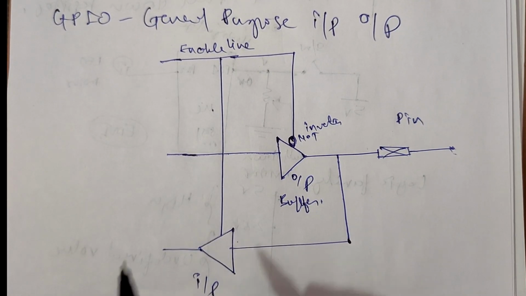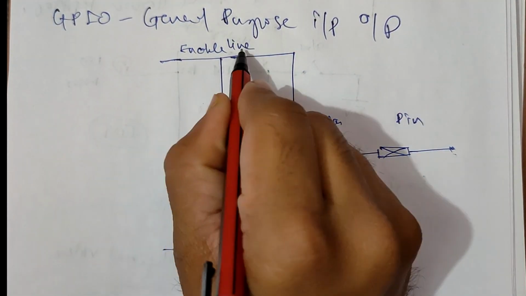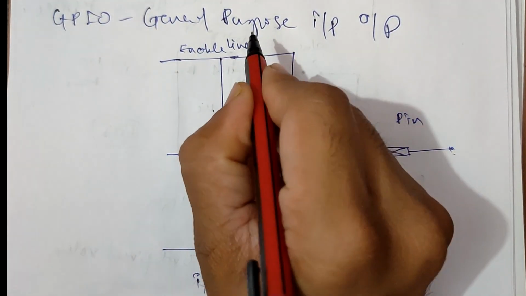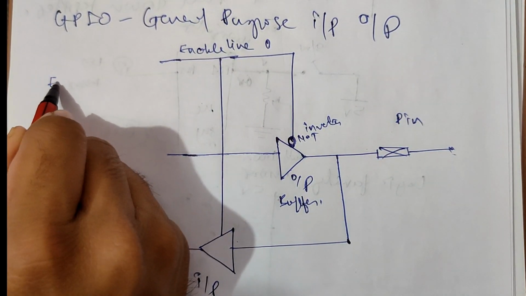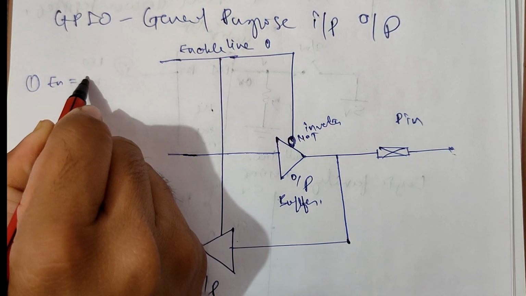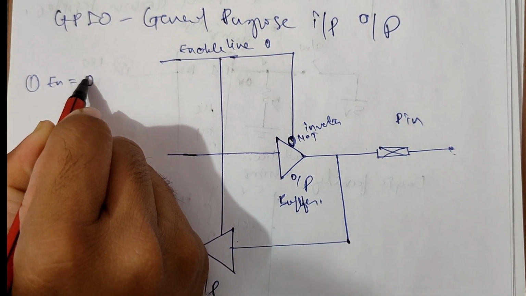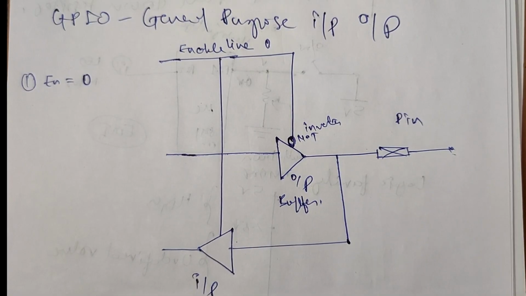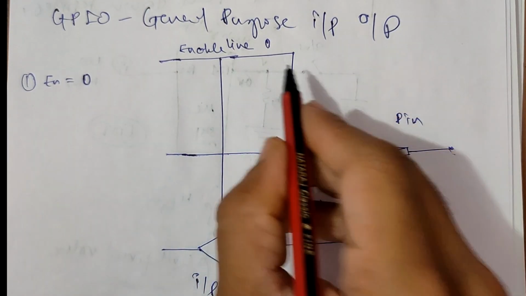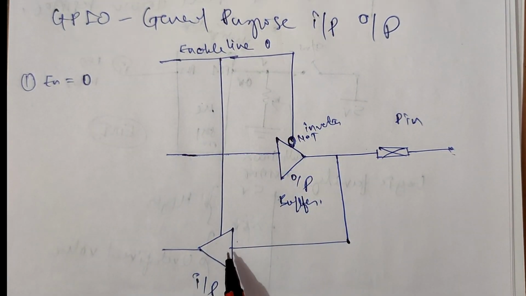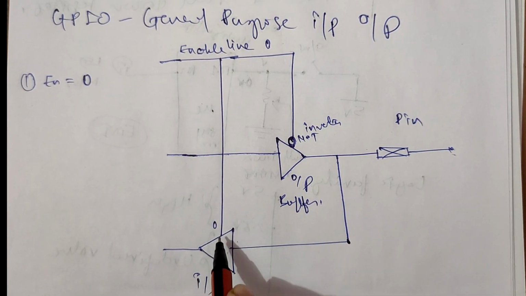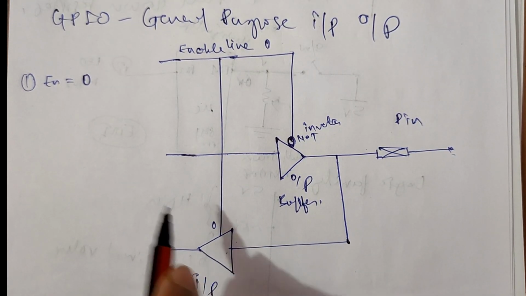First of all, we have a choice that we can set the enable line. I am writing here the first condition, enable equal to 0. So I am setting the enable line at 0. So we will see that here at the input buffer I will get 0, so it will be off.